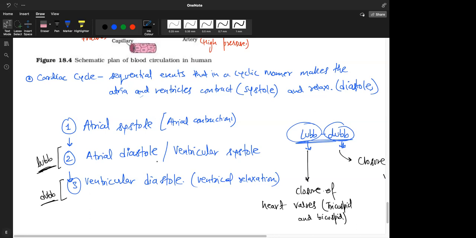Sometimes when you're sleeping, your cardiac cycle is longer. So instead of 72 beats per minute, your heart can beat 50 or 60 times per minute, taking 1 or 1.2 seconds instead of 0.8. It can also become faster if you are running. When you run, your heartbeat goes to around 120 beats per minute, which means every 0.5 seconds it is beating. From 0.8 it has come down to 0.5.